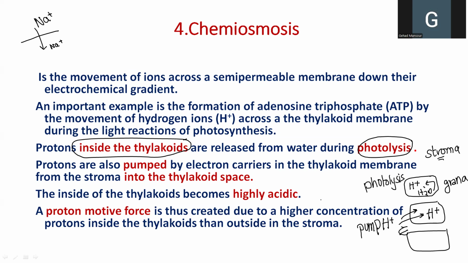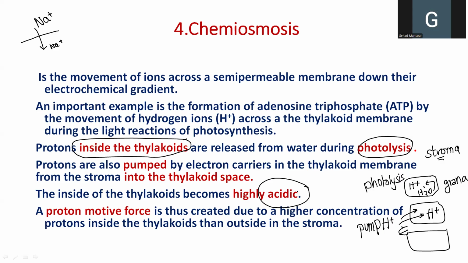Because of the many hydrogen ions present inside the granum, we can say that the interior of the granum is acidic in relation to the stroma, the external environment of the granum.